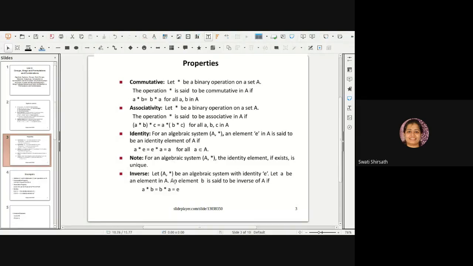So these are the properties. These four properties, two properties you are familiar with, but not the identity and inverse. So let's come to commutative property.